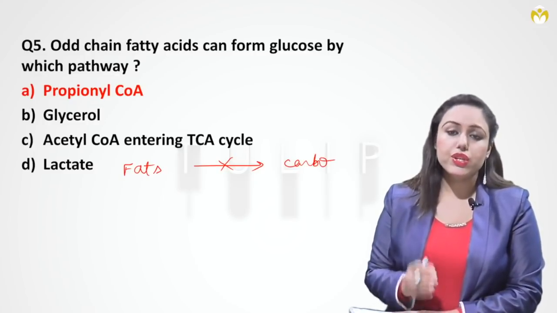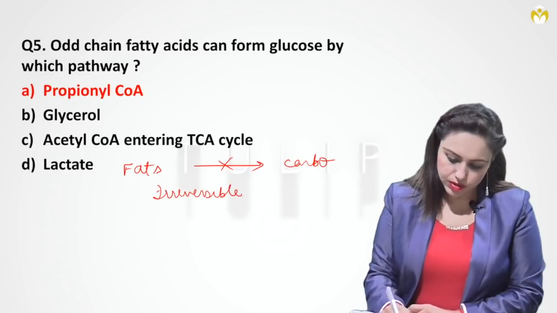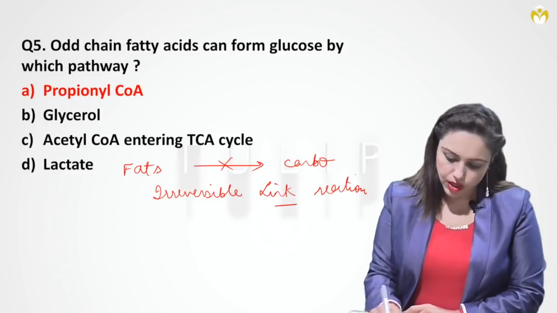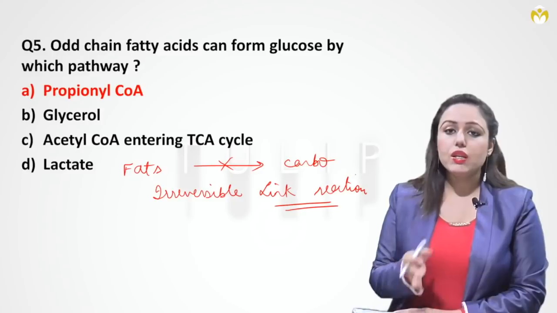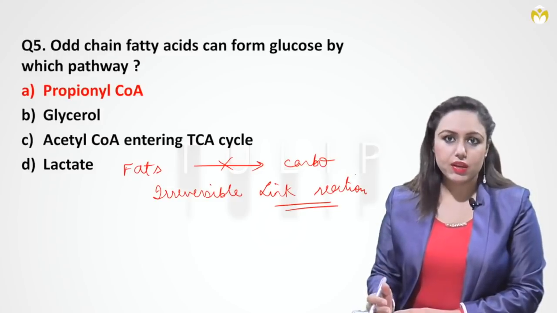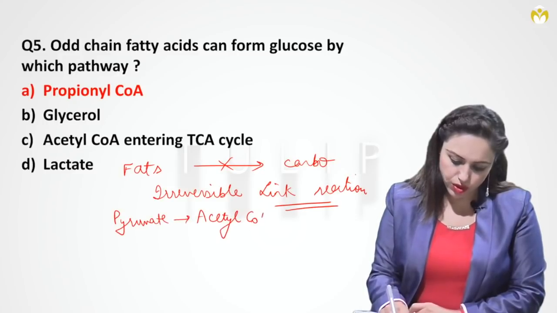If they ask you the reason, it is the irreversible link reaction. Link reaction is a one-step reaction between glycolysis and Krebs cycle, and in this reaction pyruvate gets converted to acetyl-CoA.